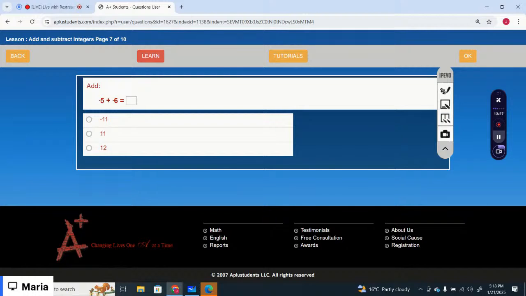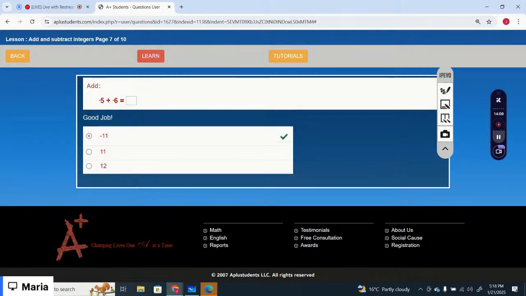Negative 5 plus negative 6. Adding two negative numbers, the answer is always negative. That is negative 11. Option number 1 is the correct option.